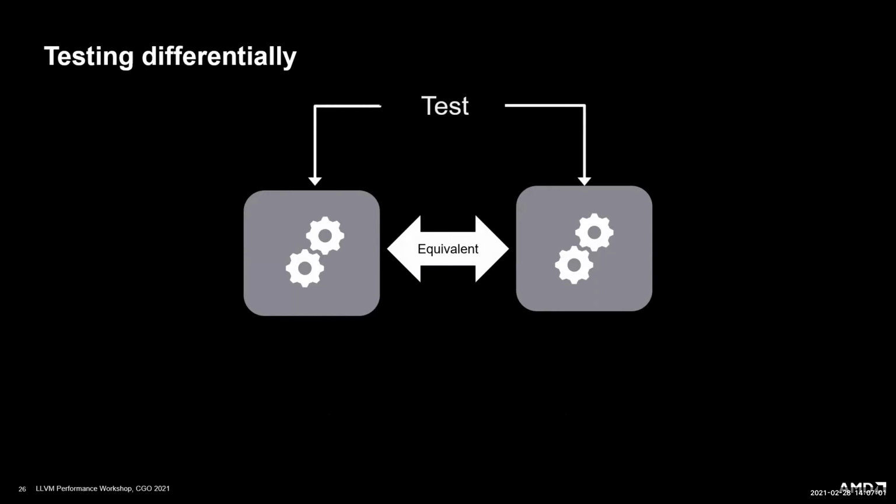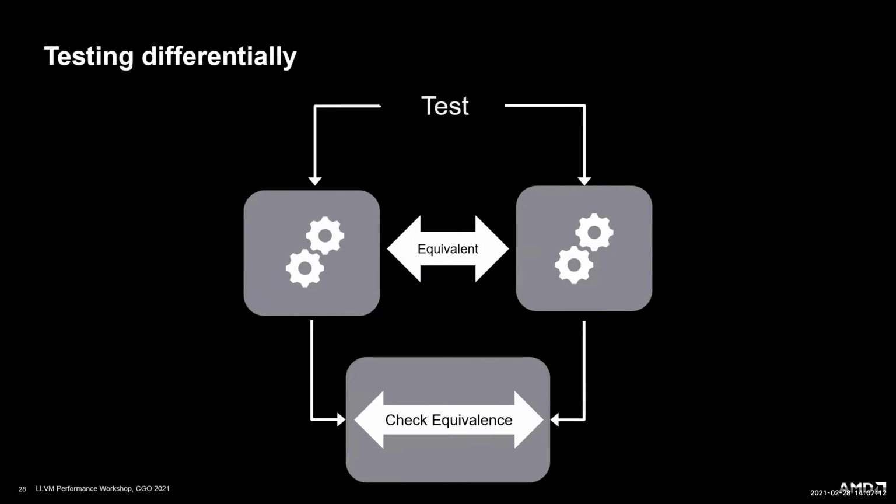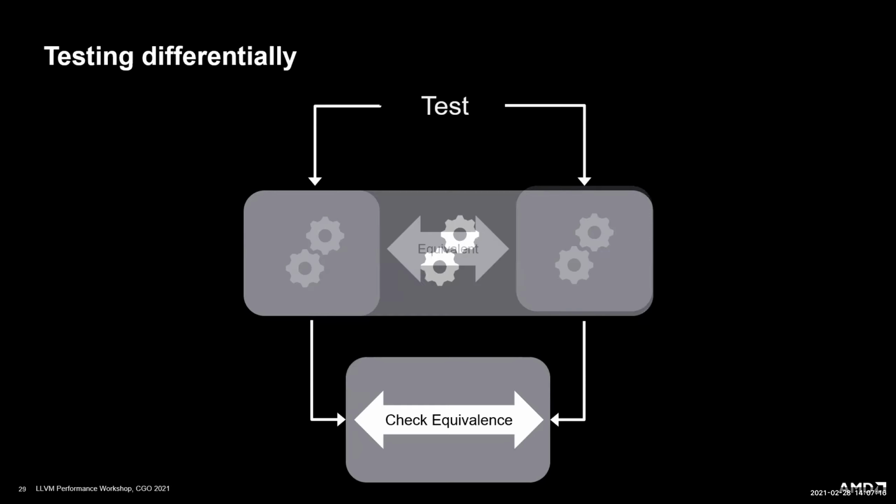If the two systems are equivalent and we provide them the same test, then we would expect that in a similar situation they produce equivalent results, right? Now let's make it a single system. It does not make sense to run a single test twice on a single system and expect it to be equivalent. But yeah, this can be done.